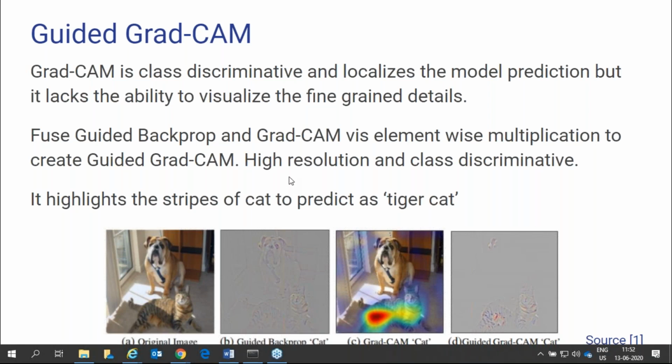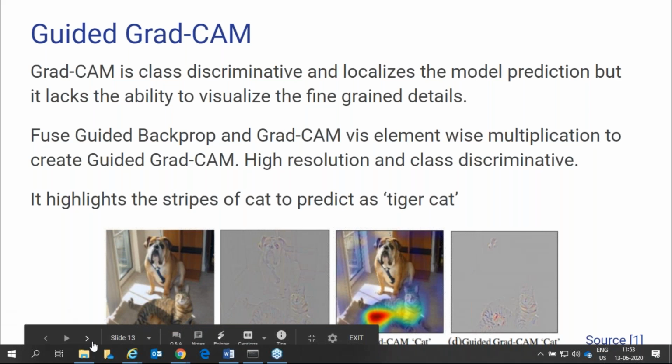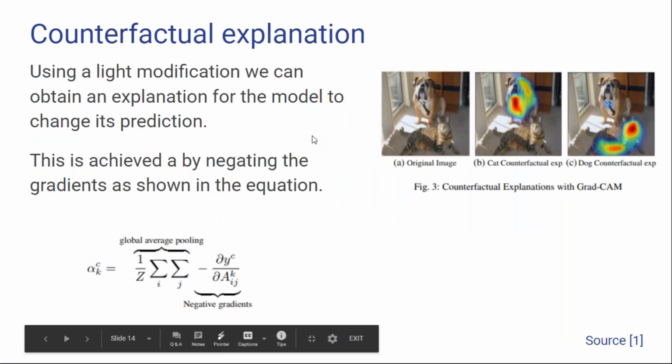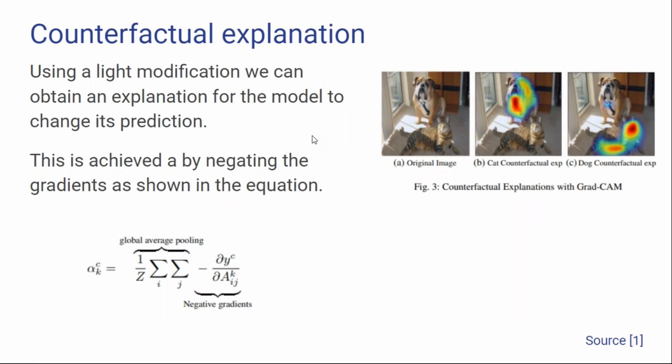There is one more paper called Grad-CAM++, which we will touch upon today, and they claim that it will solve those multiple occurrences of the same class. We will see how they are doing it in the coming slides. So this is guided Grad-CAM, and now we will see some applications or usage of Grad-CAM.